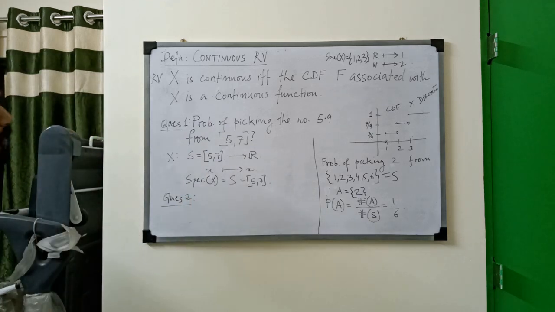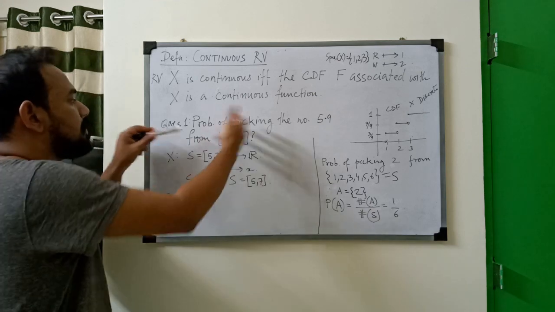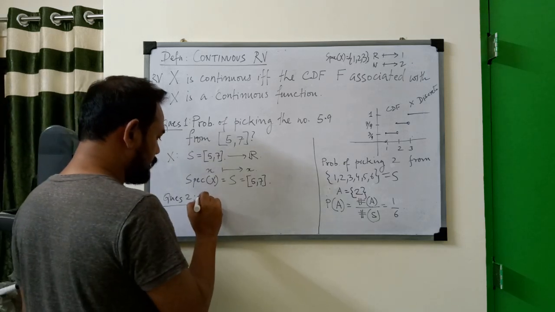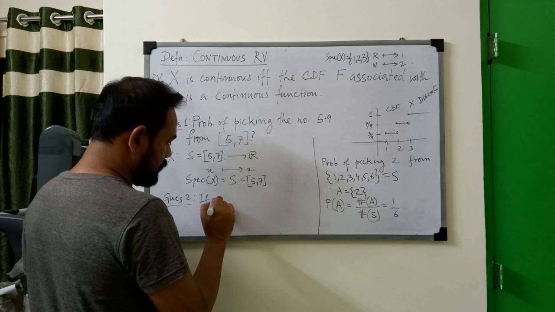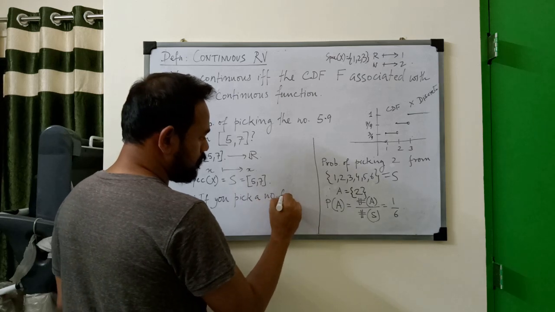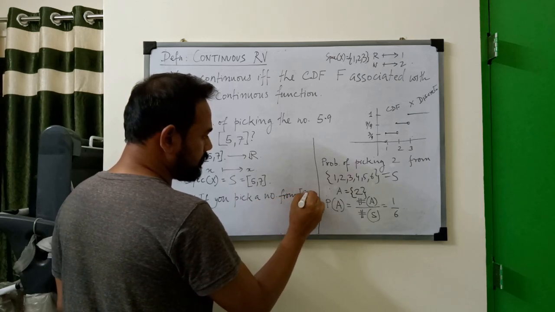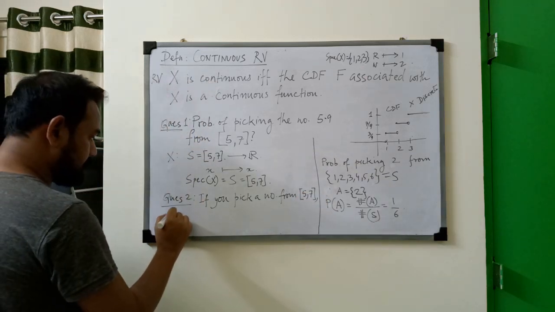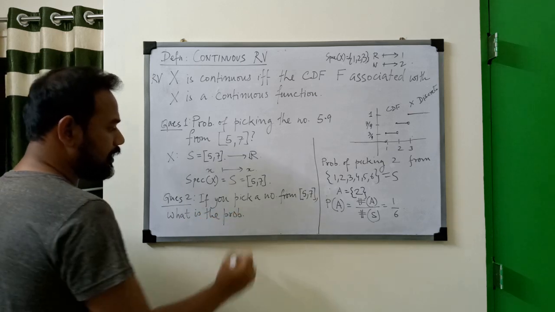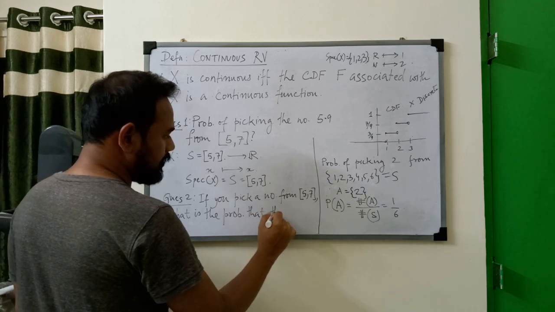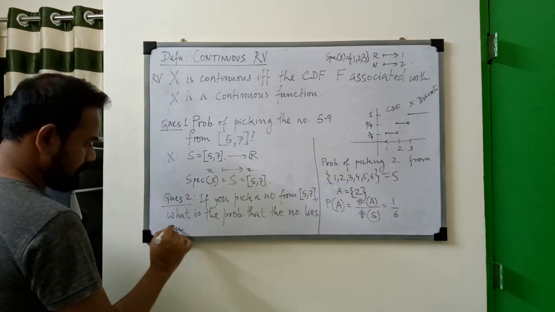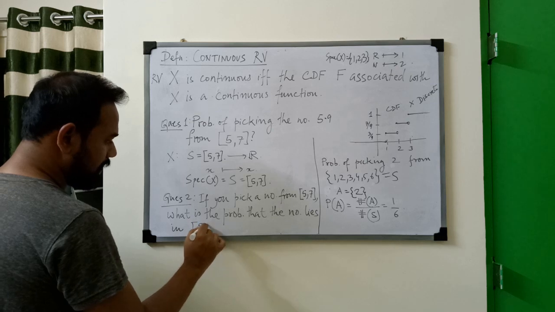The new, more relevant question in a setting like this is: suppose you pick a number from this closed interval 5, 7, then what is the probability that the number lies in this interval 5, x?